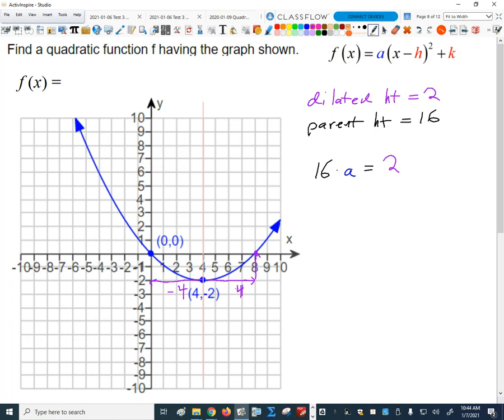Well, A must be a pretty small fraction because I've squashed this thing quite a bit. It's been compressed quite a bit. If I divide both sides by 16, I get my answer. A is 2 over 16, which is 1 over 8. Okay? Give me a 1 to 5 on that. That's kind of a tricky concept.